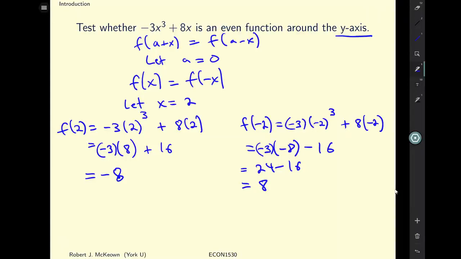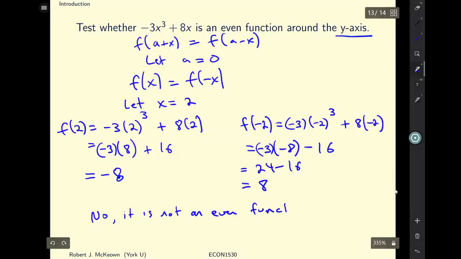And so, given this, is it an even function? No. It is not an even function, because f of 2 was not equal to f of negative 2. And just to be clear, around the y-axis.